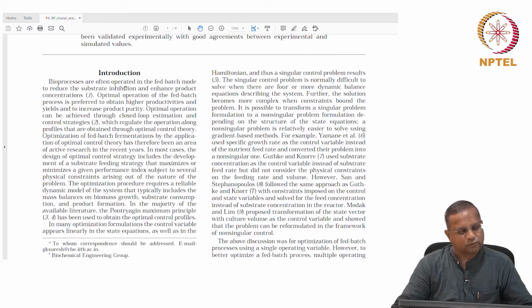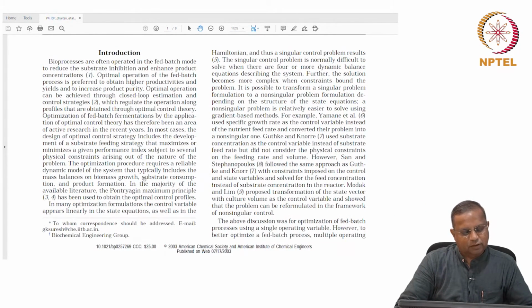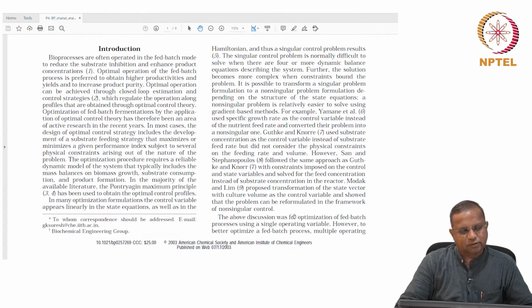From a control point of view, this has been written. Optimization of fed batch fermentations by the application of optimal control theory has therefore been an area of active research at that time, and so on and so forth. This is all about optimization.